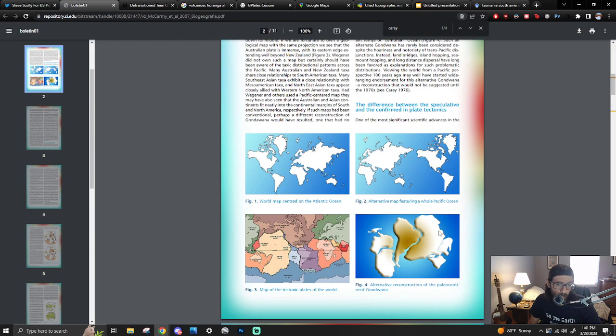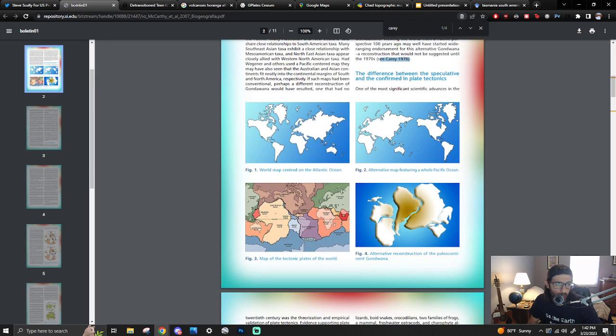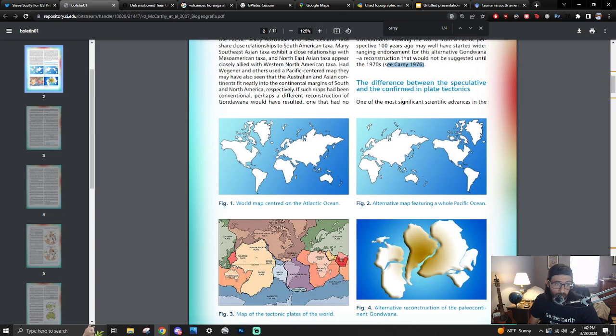So basically, this map here is from Carey's work. And what this paper is arguing is that because we historically have viewed the map like this, with this being the center line and the Pacific divided, it leads to an unintentional Atlantic-based interpretation, and that leads to the Gondwana assembly as we see it today.